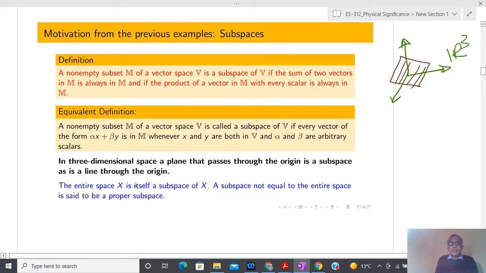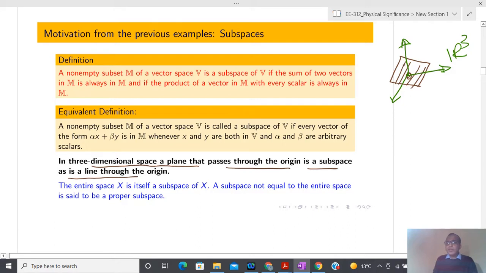So I am saying that in three-dimensional space, a plane that passes through the origin is a subspace, as is a line passing through the origin. We will check why I say only a line passing through the origin.